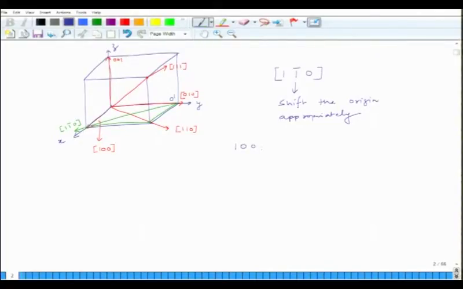And in direction you can see that 1 0 0, 2 0 0, 3 0 0 are all the same direction. In the case of planes we write 2 0 0 plane, 3 0 0 plane, because they have different spacing. In the case of directions, when it's 3 0 0 or 4 0 0 direction, you don't write it that way, you write it as 1 0 0 direction, because it's a vector.